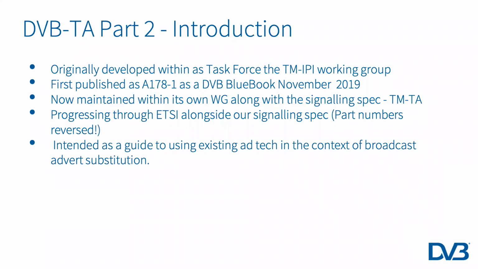As we did the preparatory work for being standardized through ETSI, this new working group decided it would make better editorial sense to switch the part numbers, to have the signaling before the ad server, because that's logically there. Also importantly, this part of the specification is informative. It's a guide, whereas the signaling specification is normative, so it's inventing new specifications. So we felt it was better that way around.